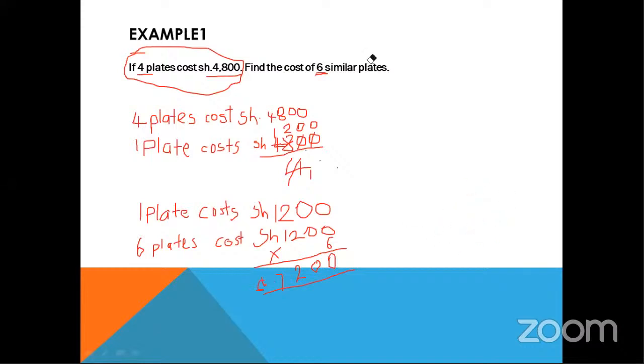Because I told you that you divide the total amount of money given by the quantity. So since they told us to divide, I can just start doing it like this. Let me wrap this.